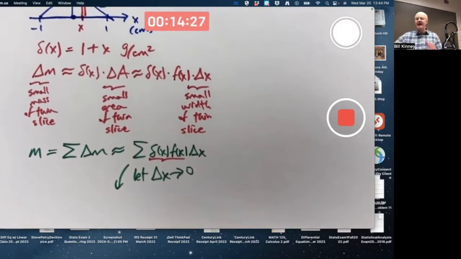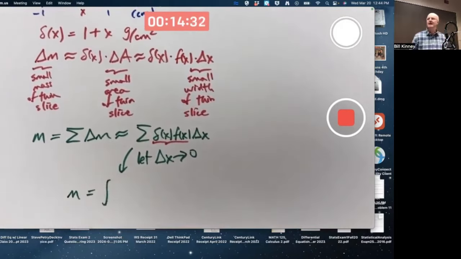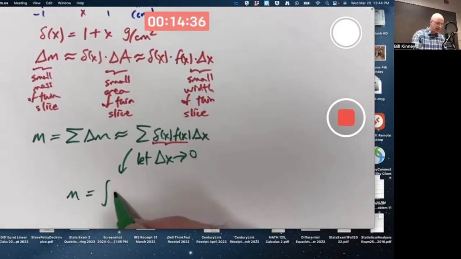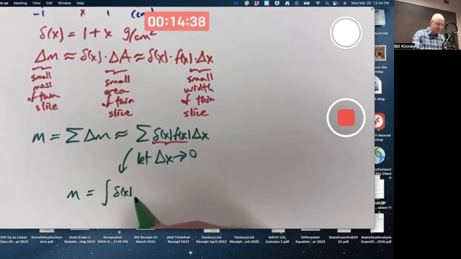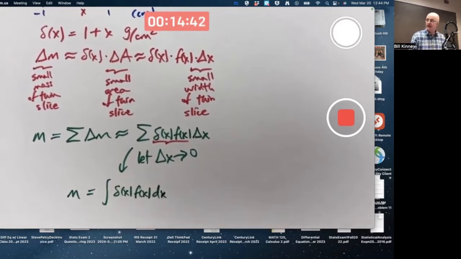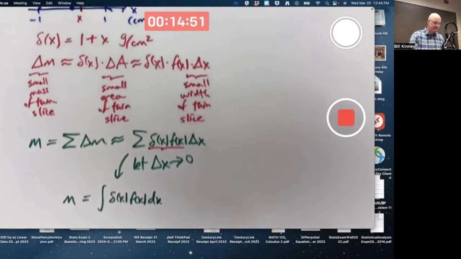And the summation magically morphs into an integral. Again, it's not magic, but it's fun to pretend. I integrate delta of x times f of x. I need a definite integral to get an answer, so I need limits of integration on x. You look at the picture, you say, oh yeah, x goes from -1 to +1.